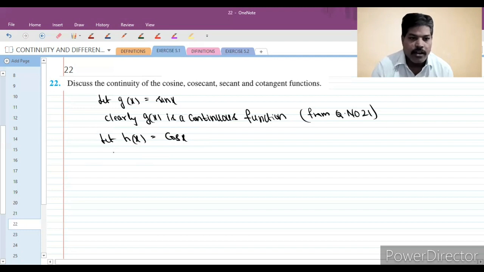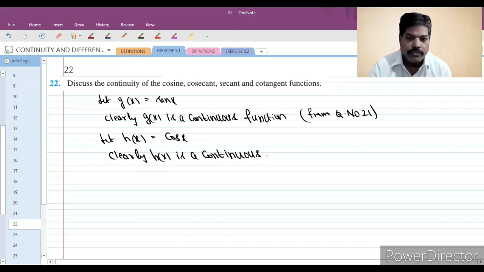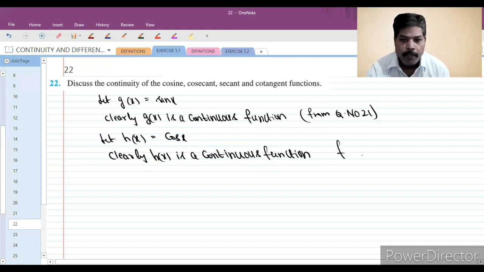We have already proved that, clearly, h of x is a continuous function, from question number 21.